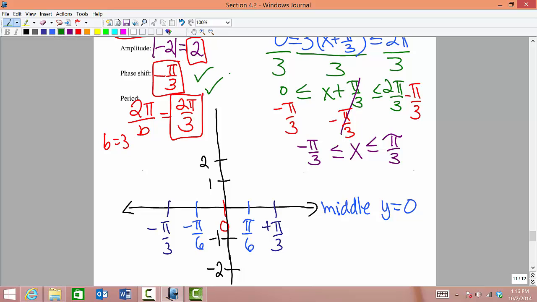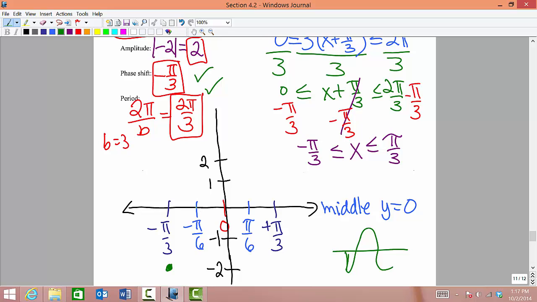Phase shift and period are already taken care of. So now we need to remember that we are graphing cosine. And since our graph was flipped, we will be starting at minus pi over 3, and we're going to go down to the minimum, going down 2 units from the middle, because the amplitude is 2.